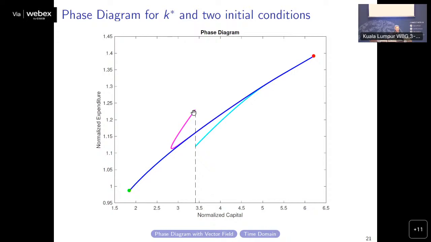You can imagine this capital stock being Germany in 1950. They have too little capital given their productivity, and so they're going to accumulate capital, and their expenditures are going to follow this path.